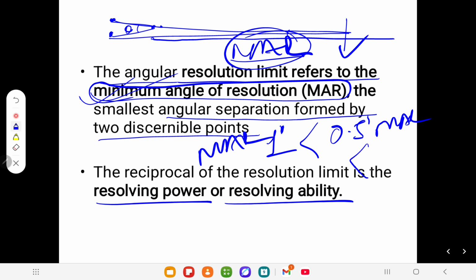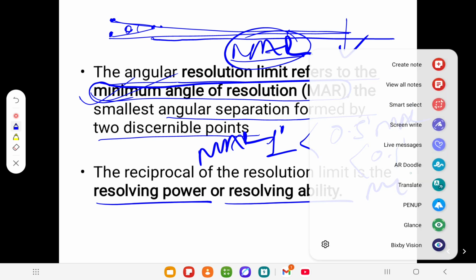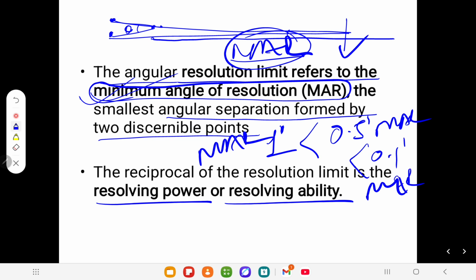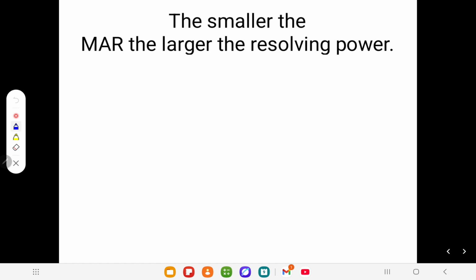And this is greater: 0.1 minute of MAR versus 1 minute of MAR. So the smaller the MAR, the better the resolving power, because resolving power or resolving ability is basically the reciprocal of resolving limit, and resolving limit means MAR, basically minimum angle of resolution, isn't it?